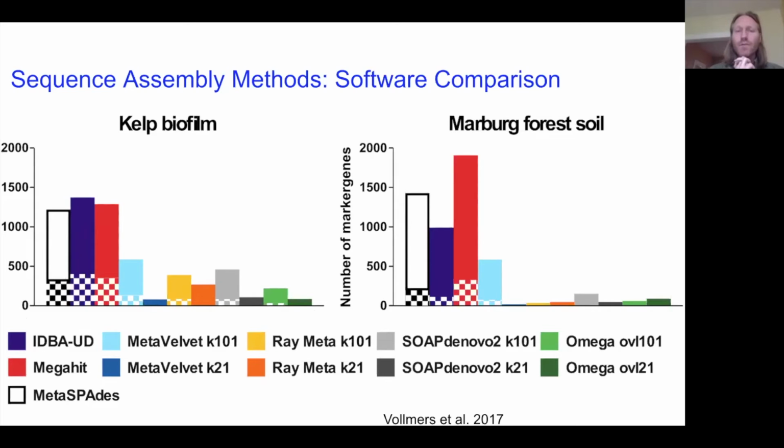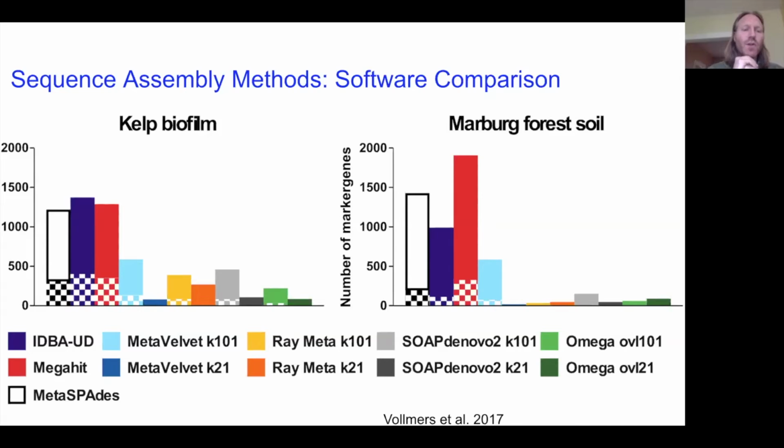assemblers using real metagenomes. So on the left is a kelp biofilm, on the right is a forest soil. This is from Vollmer's paper, et al. 2017. And in this figure, they're just counting up the number of marker genes they found in their assembly. So that's a useful metric for just looking at how much of the functional gene content made it into the metagenome that was available.